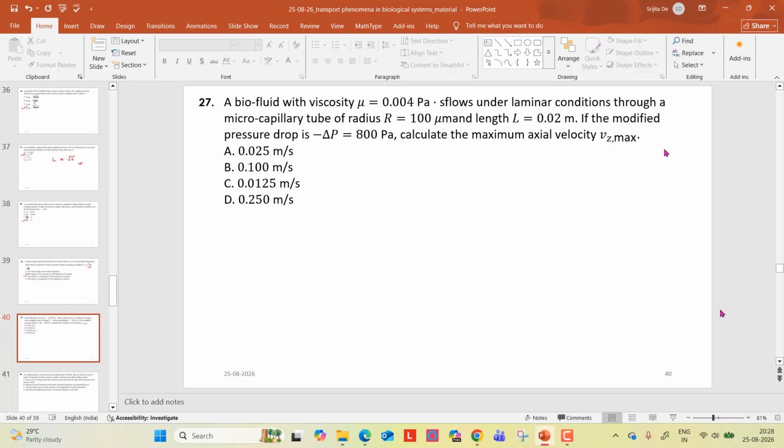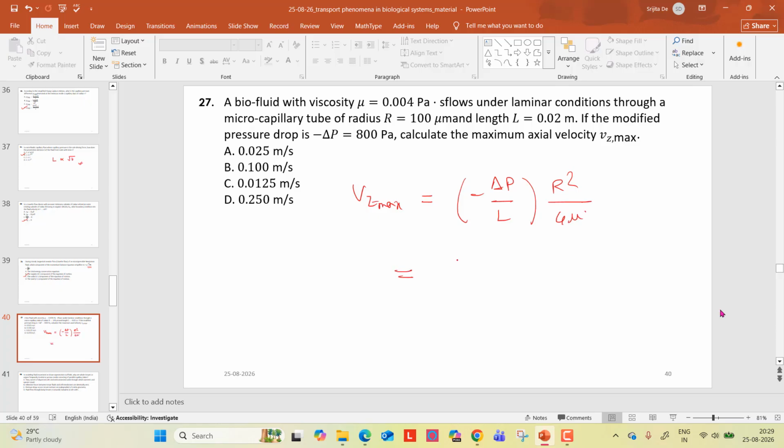Next, a biofluid with viscosity mu flows under laminar conditions through a microcapillary tube of radius R and length L. If the modified pressure drop is this, calculate the maximum axial velocity. So from the pipe flow expression, we have calculated that Vz max is pressure drop into R squared by 4 mu L. Okay.